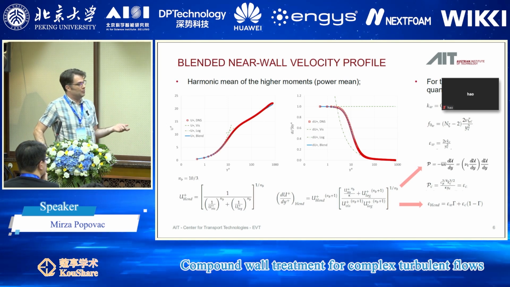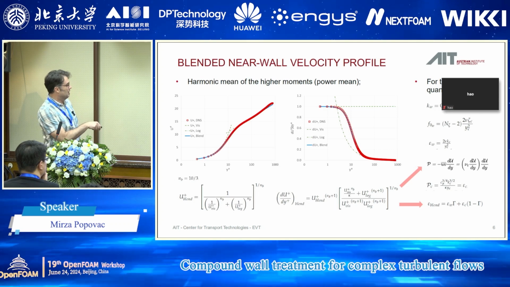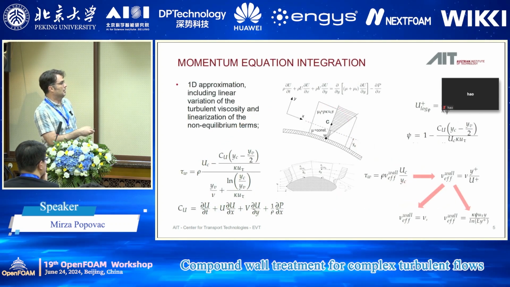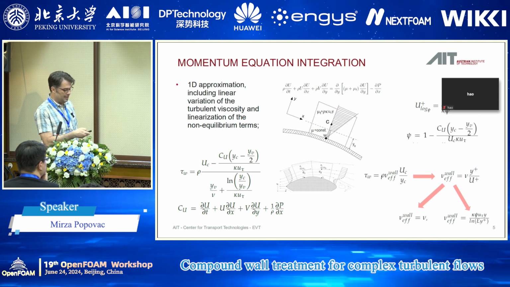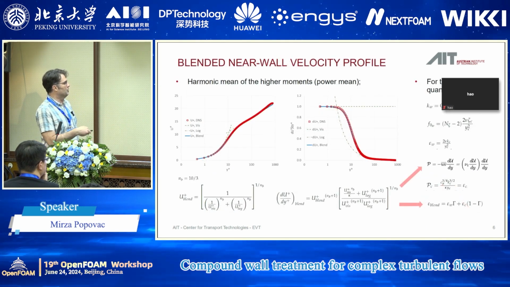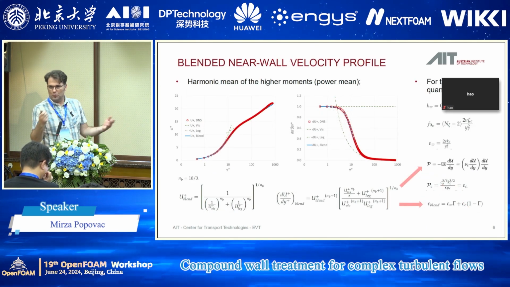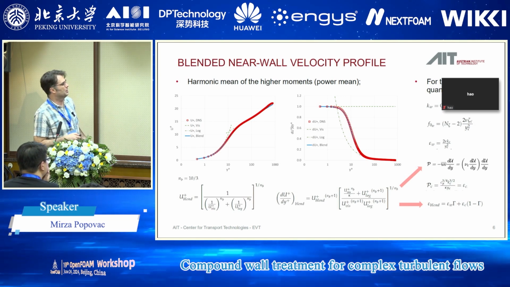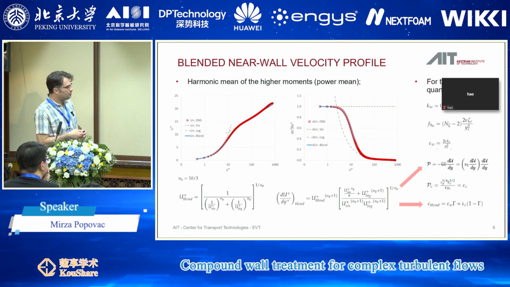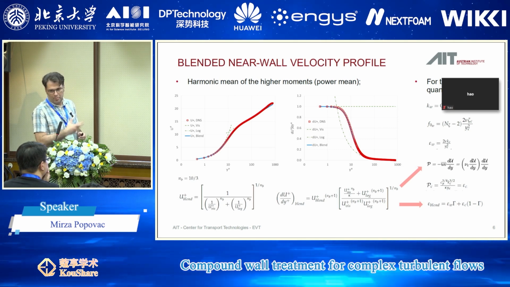And this is now the point. I'm using this expression in the one for viscosity, and for whatever value I get, I should get the correct viscosity, which results in the correct shear stress. And that's the point of the compound wall treatment.